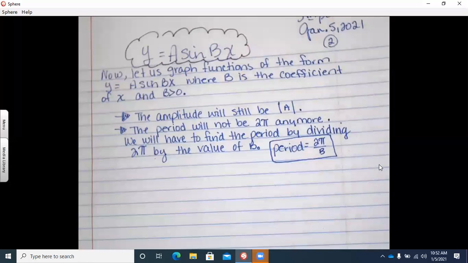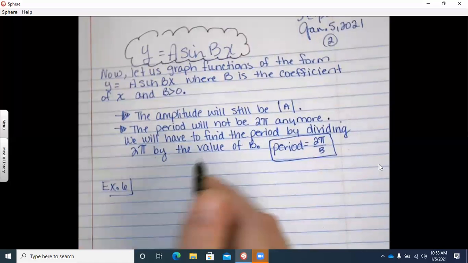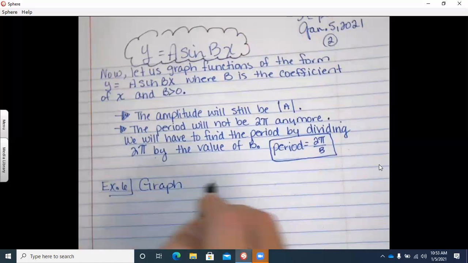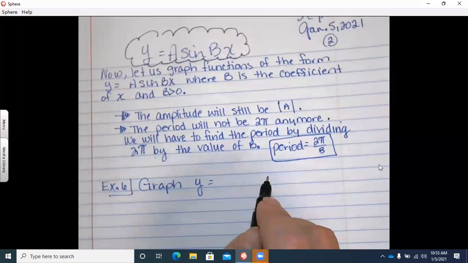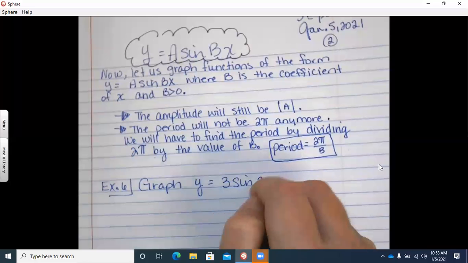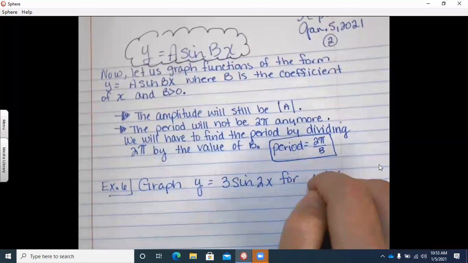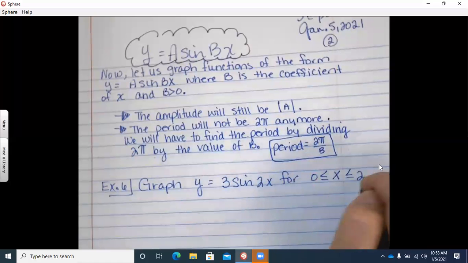All right, so let's give it a whirl. I believe this is example 6. Let us graph y equals 3 times the sine of 2x for values of x that are between 0 including 0 and 2 pi including 2 pi.